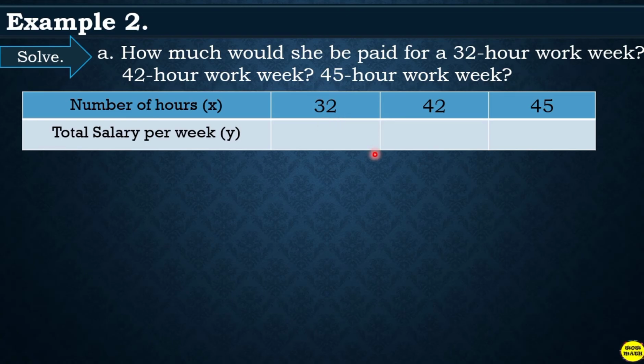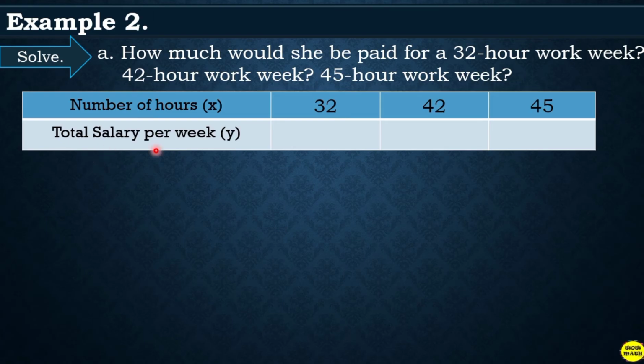Ipakita natin siya using a table kasi mas magandang i-represent siya using a table para mas madali nating makita. Mas malinaw. So, yung number of hours sa loob ng isang linggo, magkano ang sweldo niya kapag trabaho siya ng 32 hours sa loob ng isang linggo, 42 hours, and 45 hours.